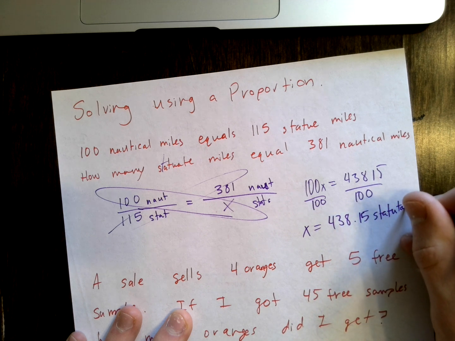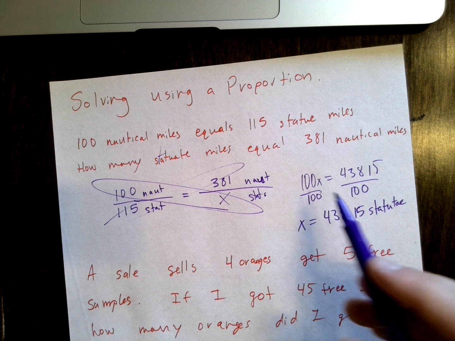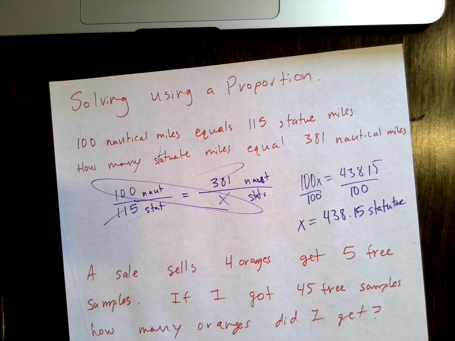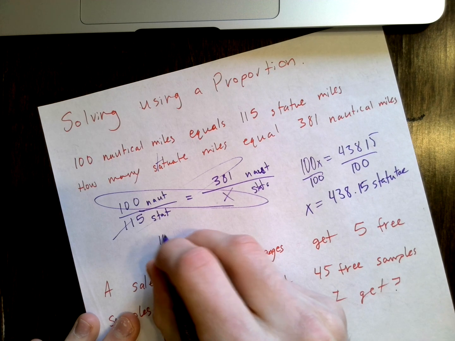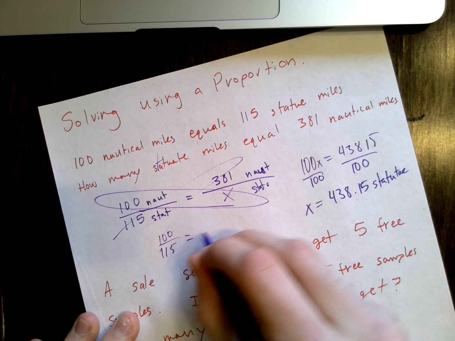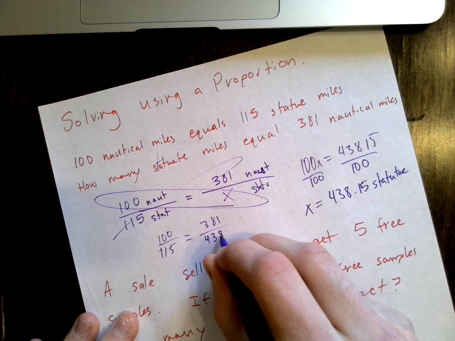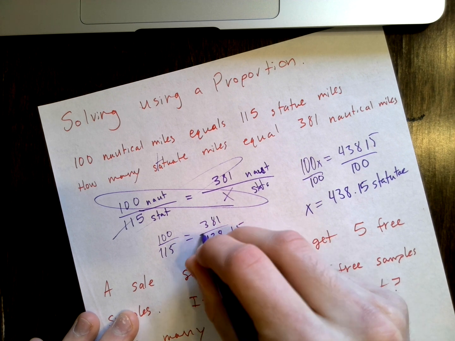And I was able to figure out that 100 over 115 is going to be the same as 381 over 438.15.